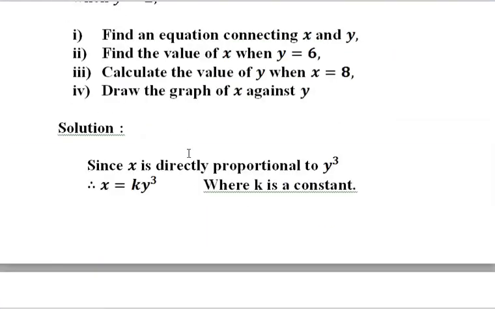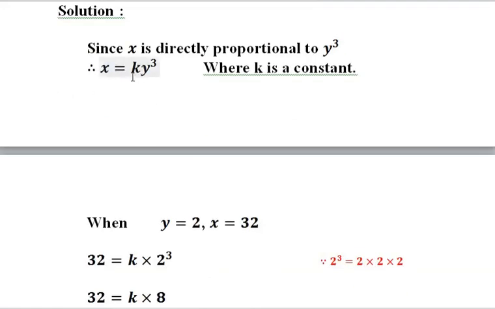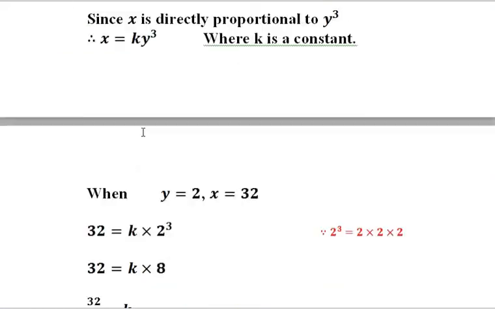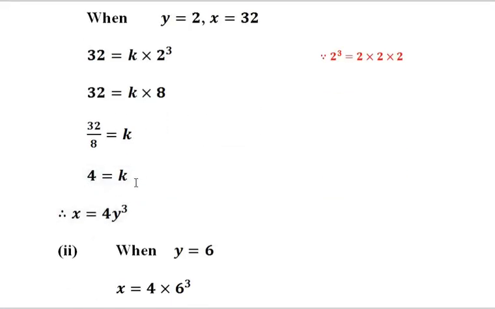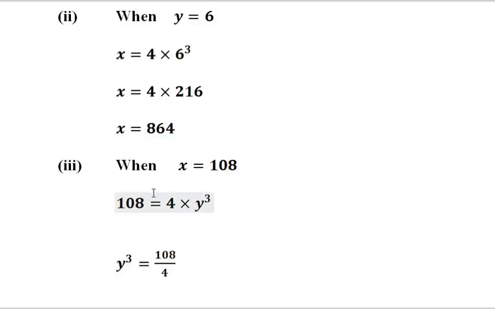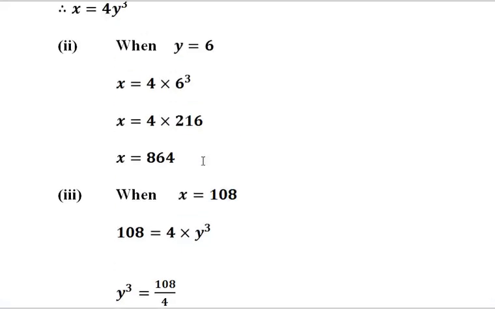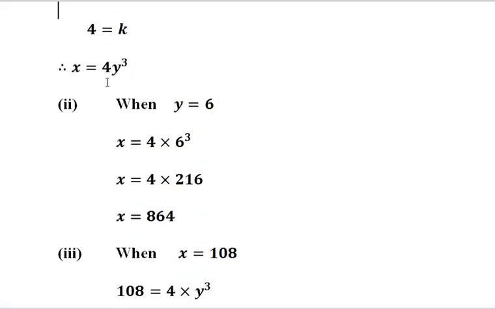Third part from this question is to calculate the value of y when x equals 8. So again, this is the equation x equals ky cube, and I'm going to put x equals 8 in this equation, and the value of k which we have found, k equals 4. So this equation becomes 8 equals 4 multiplied by y cube, because the equation was x equals ky cube.